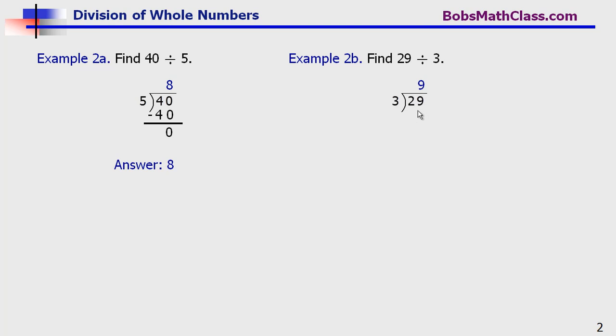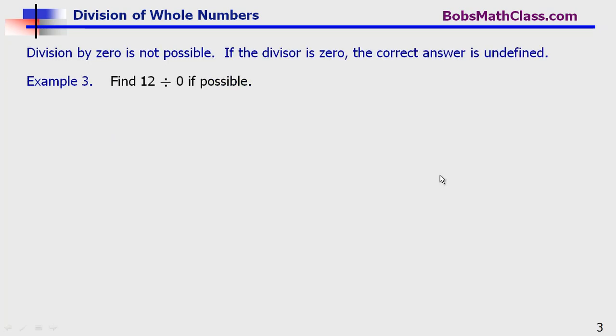So you write the 27 underneath this 29, and then draw a line and subtract. 9 minus 7 is 2. That's our remainder. We're not talking about fractions right now, so we're simply going to write 9 R2, for 9 remainder 2.